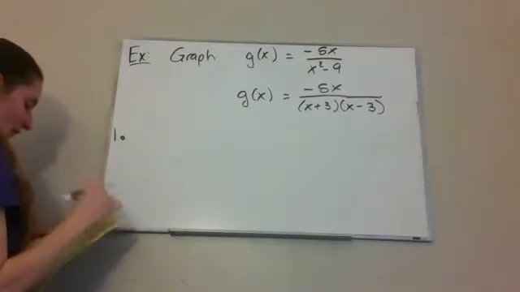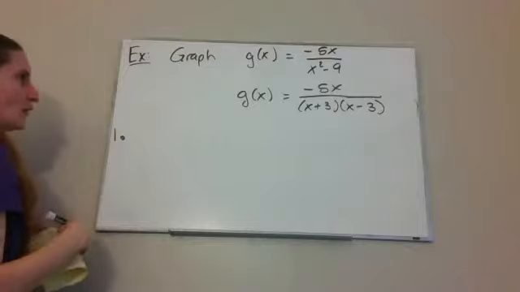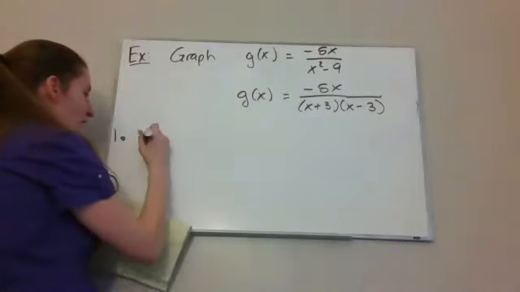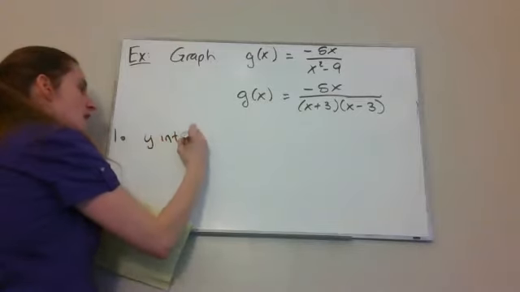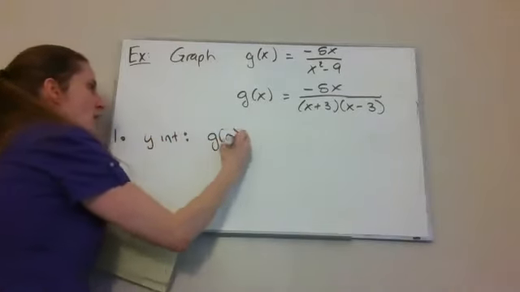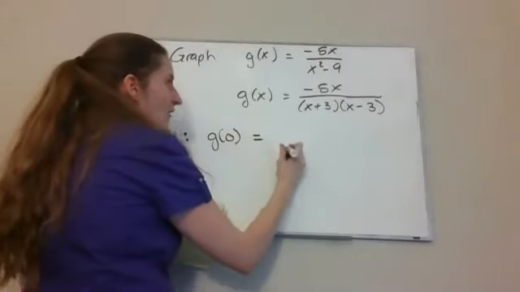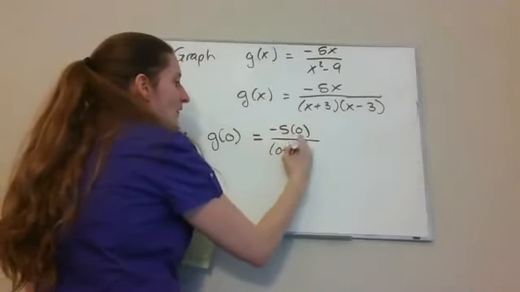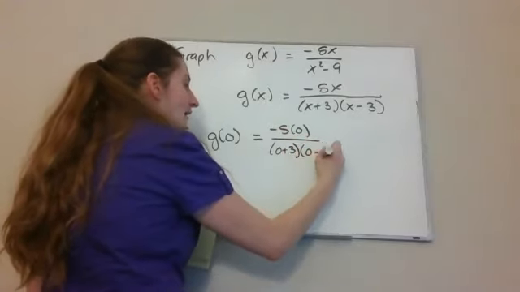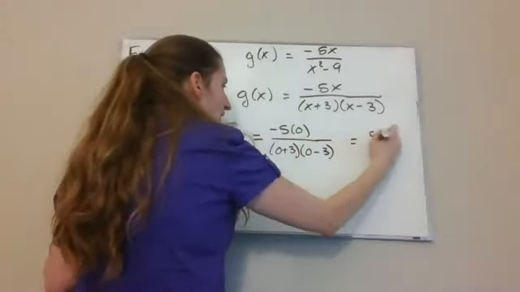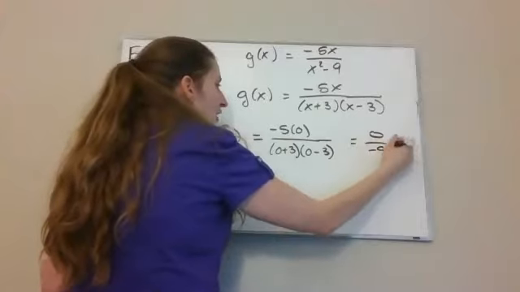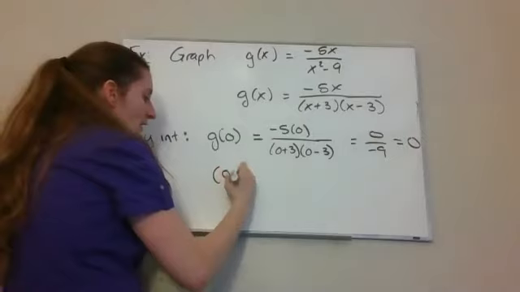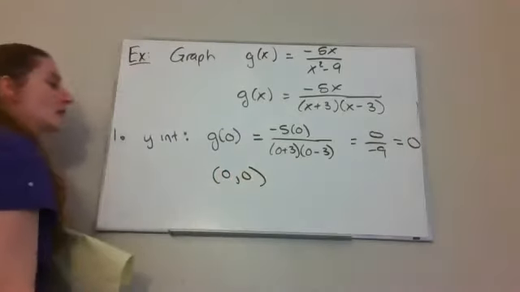So first step, find all of the x and y intercepts. Let's find the y-intercept first. To find the y-intercept, you plug in 0. This means I will have negative 5 times 0 on top, 0 plus 3, and 0 minus 3 on the bottom. That's 0 over negative 9, which is 0. So my y-intercept is the point 0, 0.